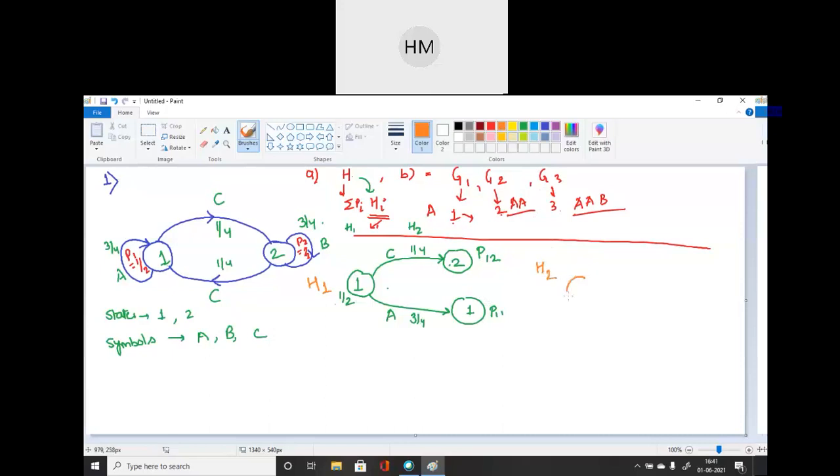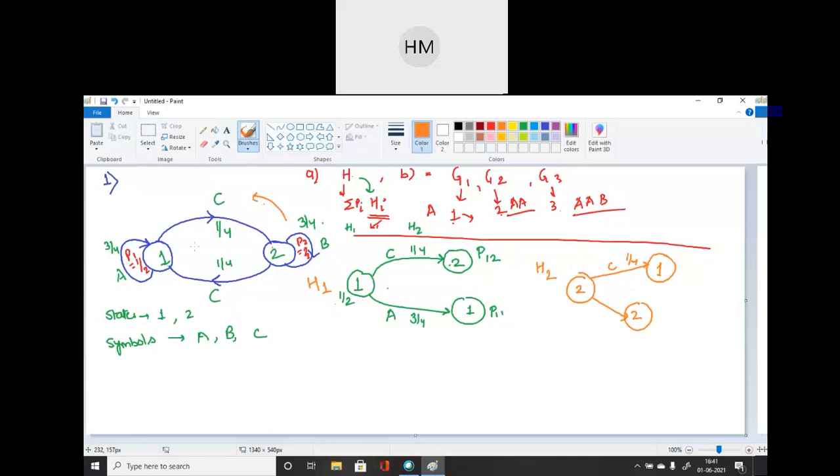H2 के लिए मैं क्या करूंगी, it is starting from node 2. Clear, it can go to state 1 or it can go to state 2. Clear, producing the symbol C with probability 1 by 4. C, 2 going to 1. This is the path.